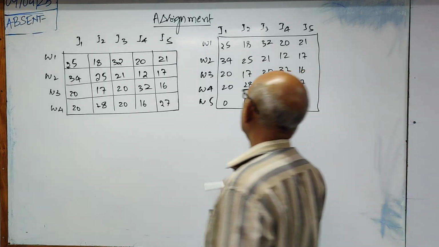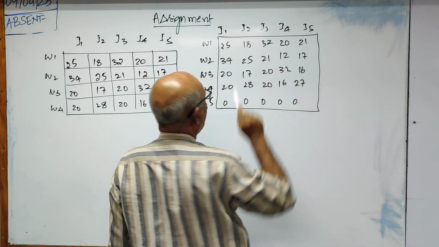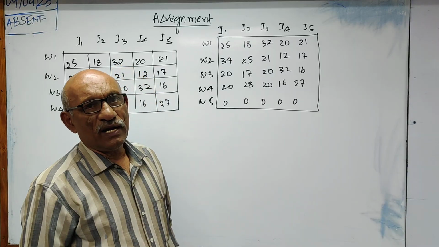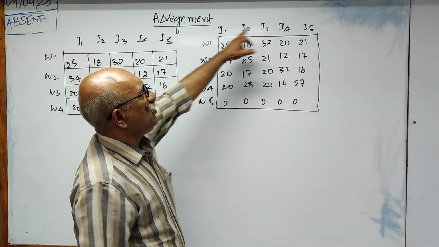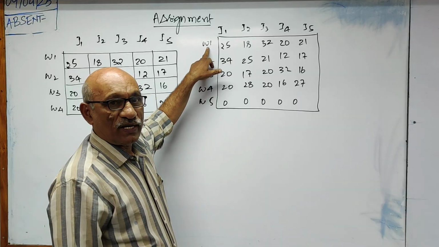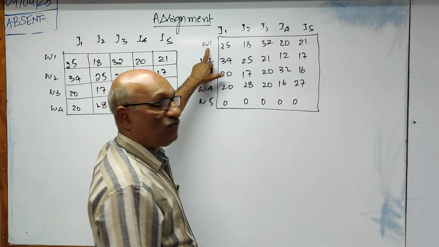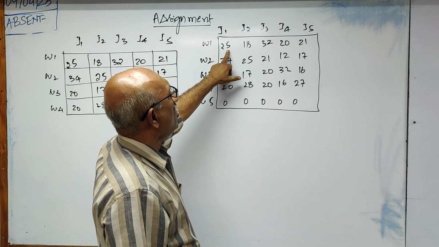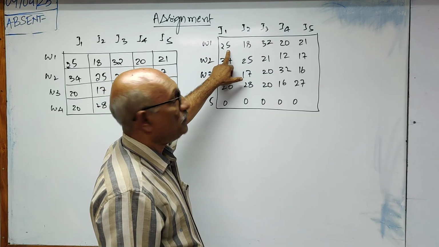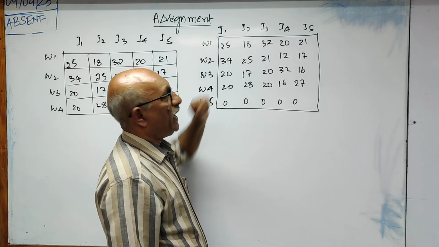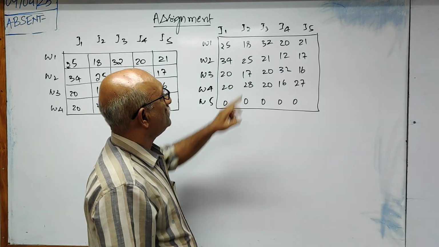Let us see. These are the 5 jobs we have. Any job can be assigned to first worker. When job number 1 is assigned to first worker, assignment cost is coming out to be 25. When job 2 is assigned to first worker, 18 rupees is the assignment cost.